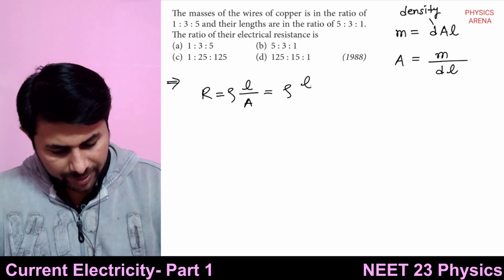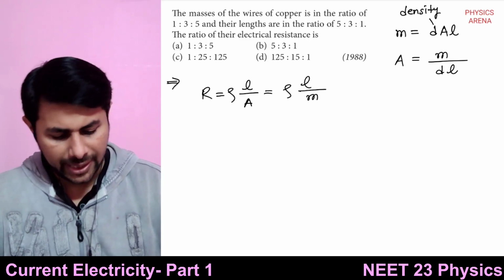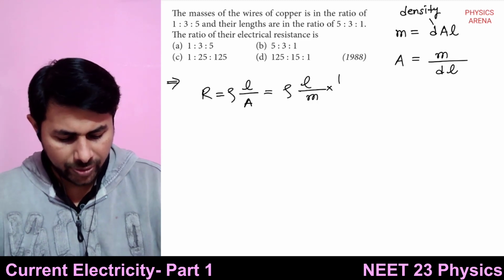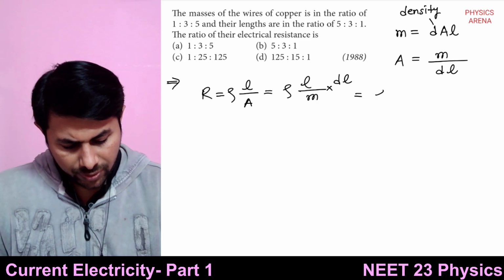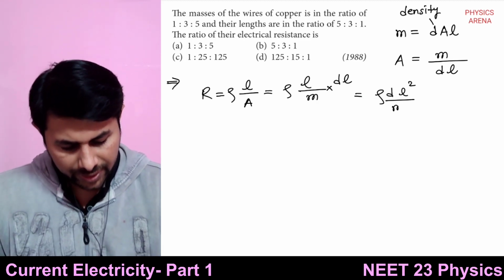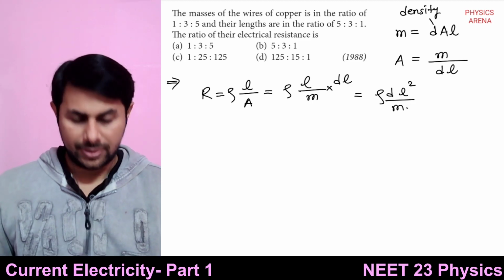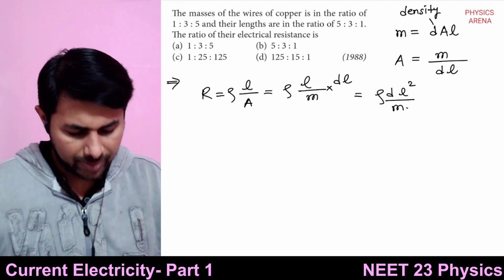So it is rho multiplied by L divided by A, which is M upon DL. We can move that D times L to the numerator. It is rho times D L square upon M. This is the formula now.